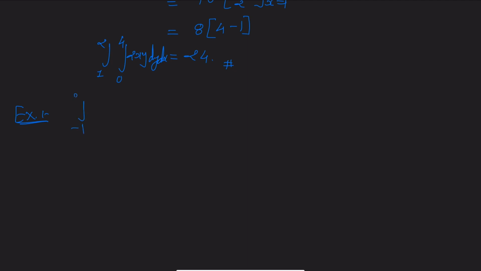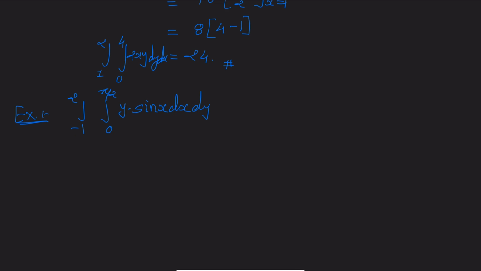Integration from -1 to 2, integration from 0 to pi by 2, y into sin x dx dy. In this example, what is happening? The inner limit is of x, the outer limit is of y.